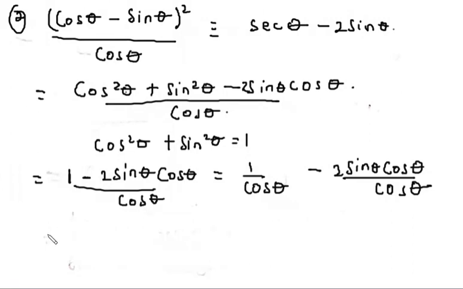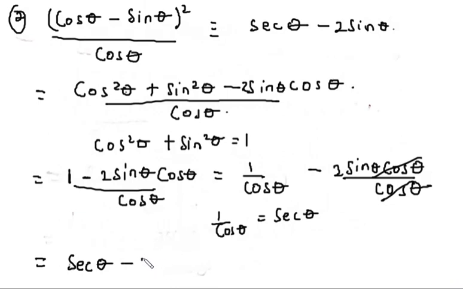From here we know that 1 over cos theta equals sec theta, and cos theta can cancel out cos theta here, so this should be equal to sec theta minus 2 sine theta. So we've shown that this part of the equation equals this part of the equation. Therefore, we verified our trigonometric identity.